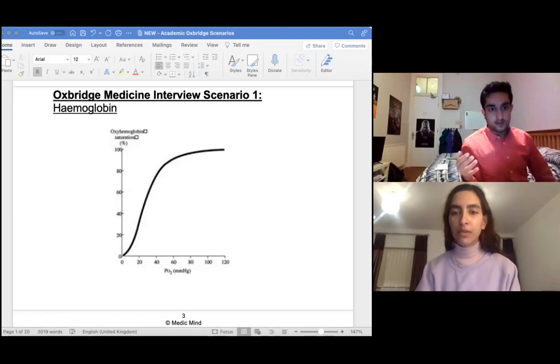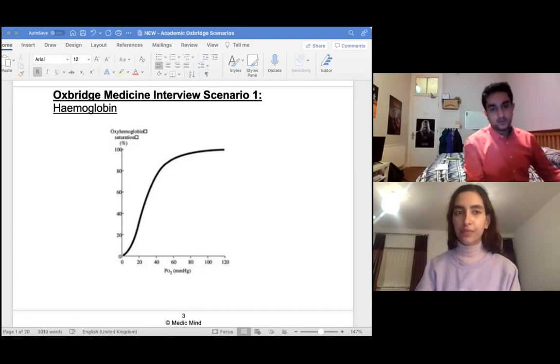This is because it's much easier for oxygen to bind to the hemoglobin molecule. But by the time it gets to the high partial pressures, because most of the oxygen binding sites will be full, it's going to make it slightly more difficult. So there's that restriction where it can't get to that 100% level as easily at the high levels.